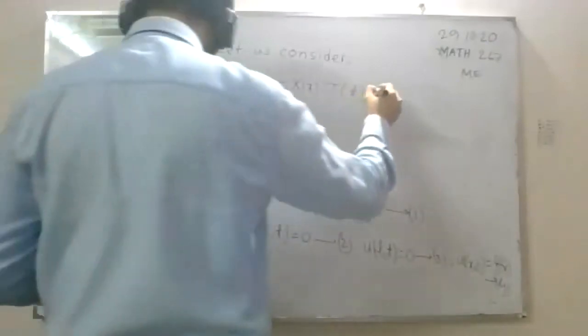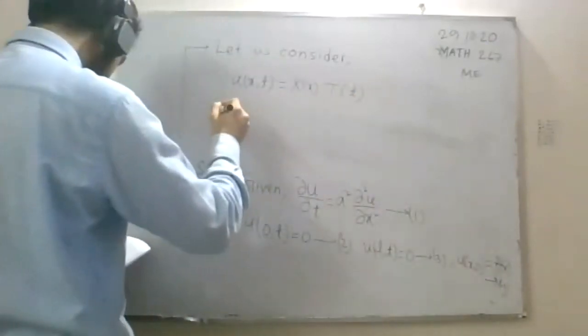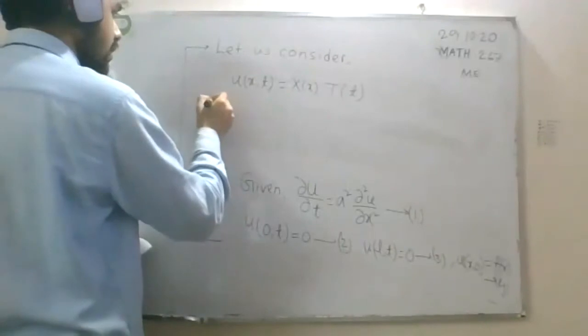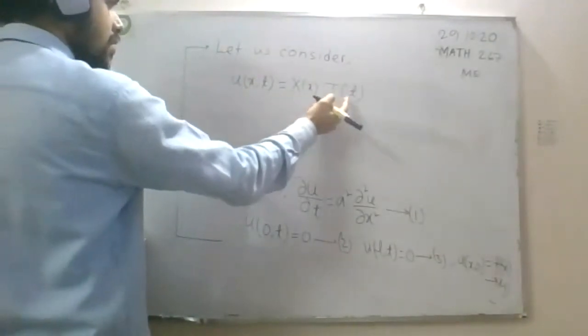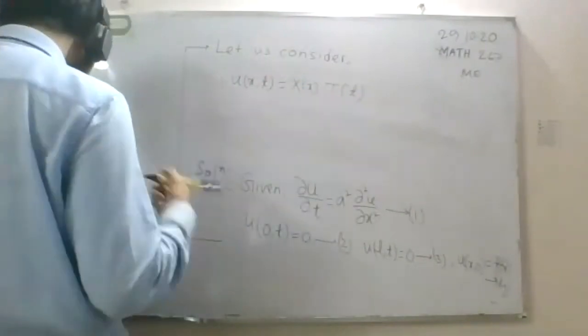From here you can say X is a function of x only and T is a function of small t only.